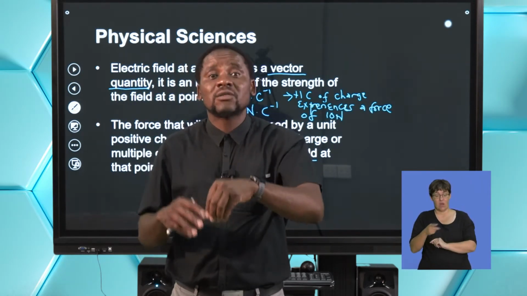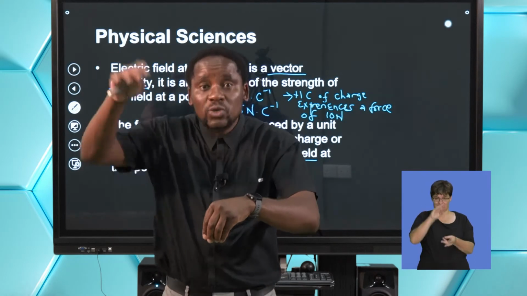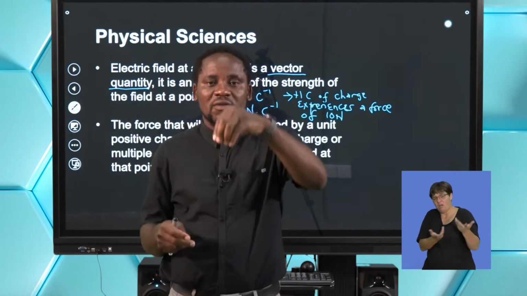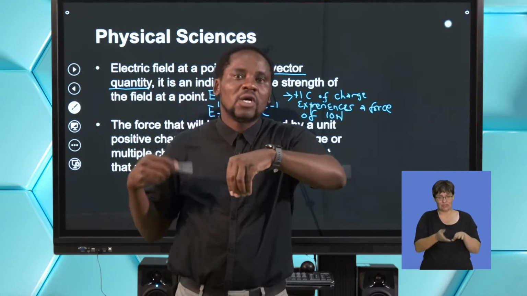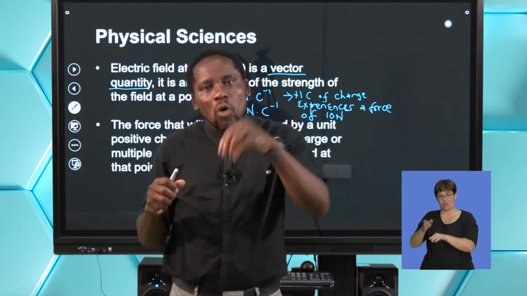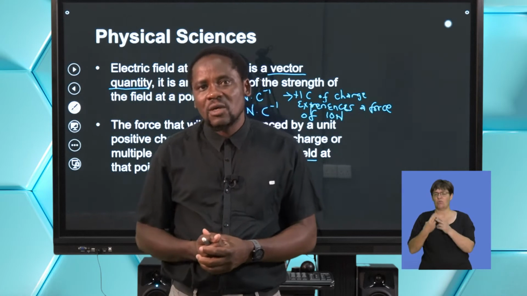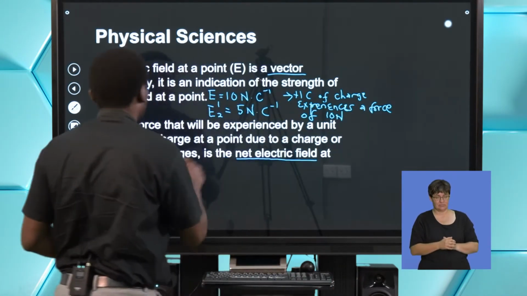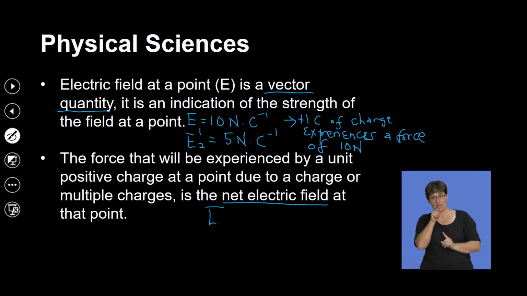As a result, we can talk about the total or combined effect of the forces exerted by the 2 charges at that point on the unit positive charge, which is our test charge, if we may call it that. That's the big idea behind E net, which is primarily our focus for today.